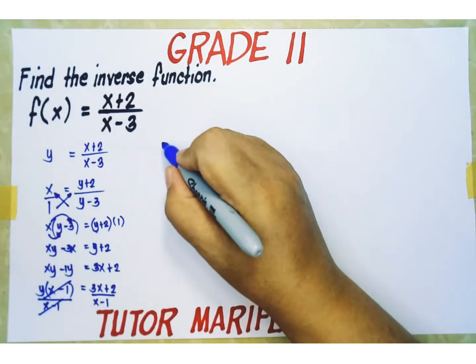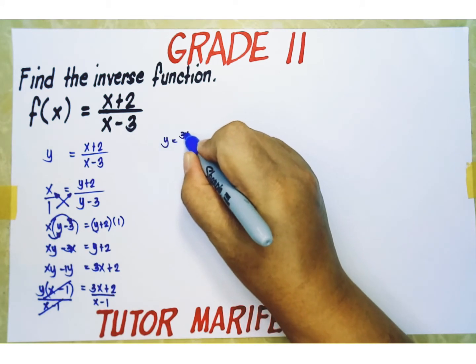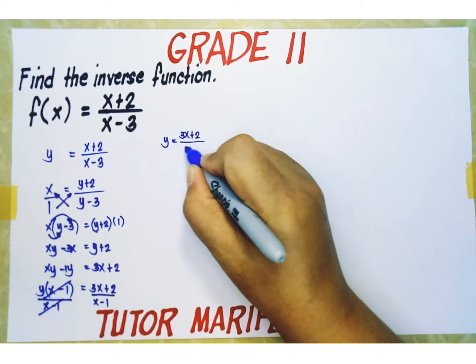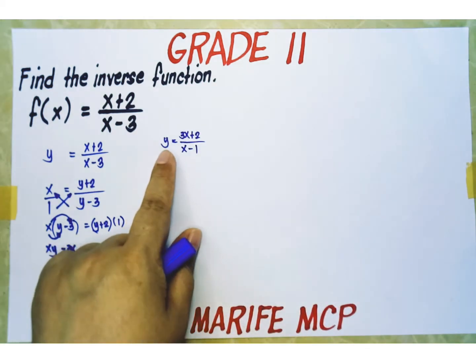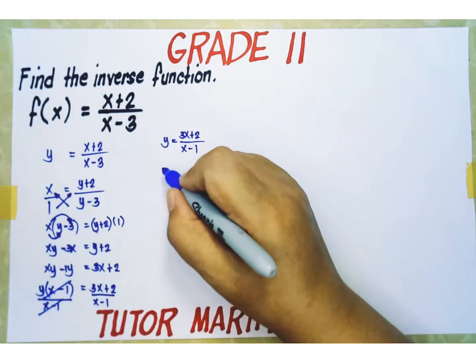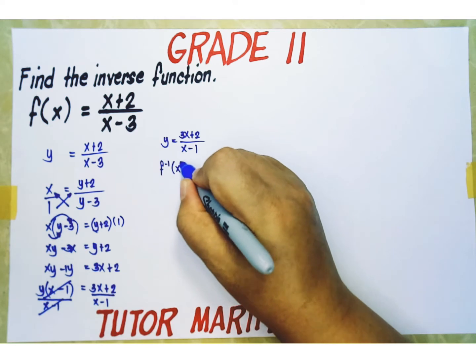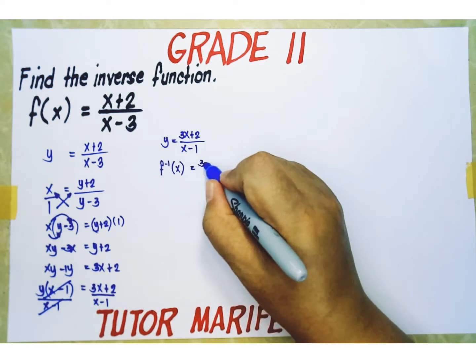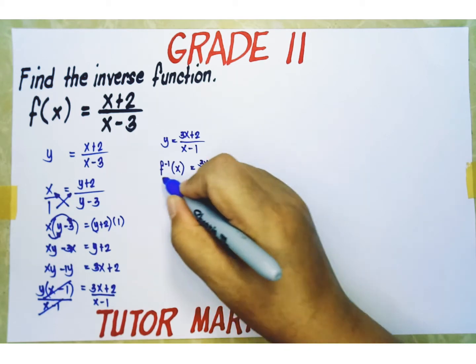So we isolated the y. It's equal to (3x plus 2) over (x minus 1). And the final step is to replace y with the notation for the inverse function. It's f to negative 1 of x, and it's equal to (3x plus 2) over (x minus 1).